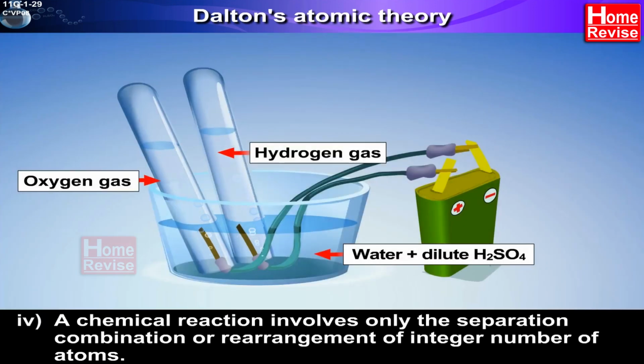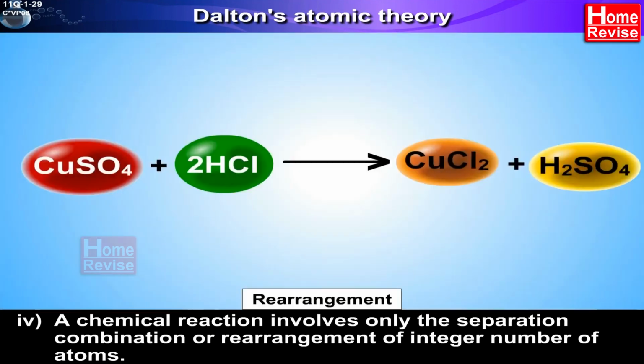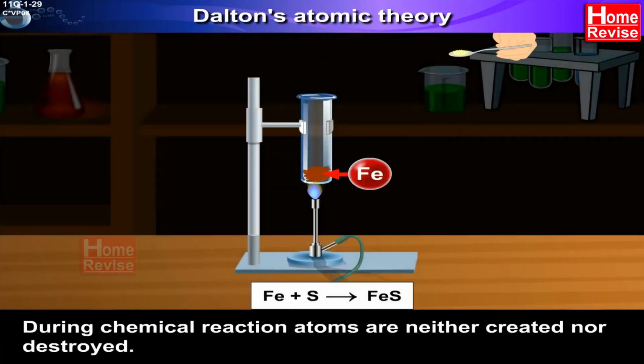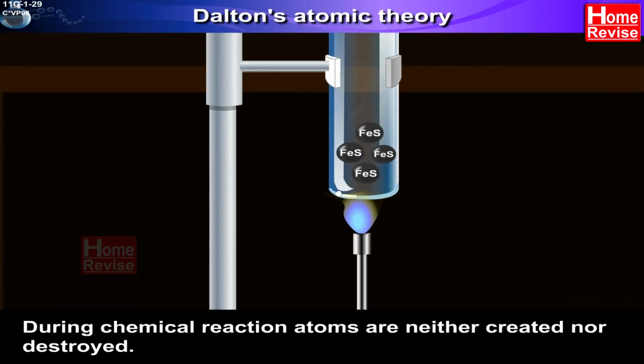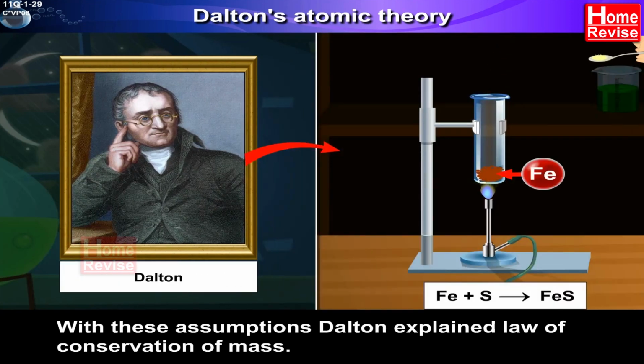4. A chemical reaction involves only the separation, combination, or rearrangement, of integer number, of atoms. During chemical reaction, atoms are neither created, nor destroyed. With these assumptions, Dalton explained law of conservation of mass.